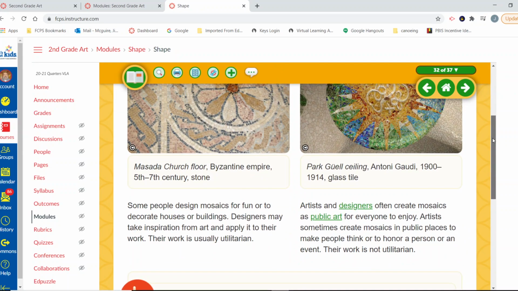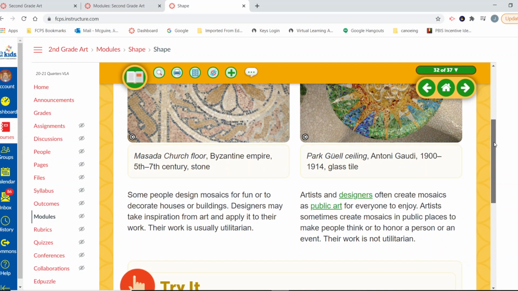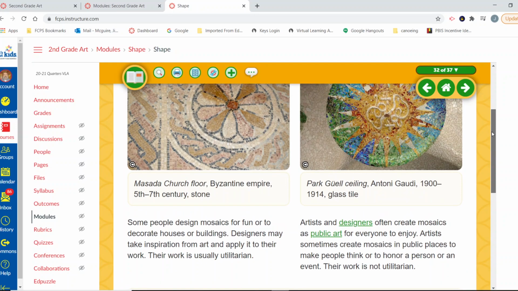So, looking at the art and design, some people design mosaics for fun or to decorate houses or buildings. Designers may take inspiration from art and apply it to their work. Their work is usually utilitarian. And I hate that they use the word utilitarian, which means you can use it in some way.